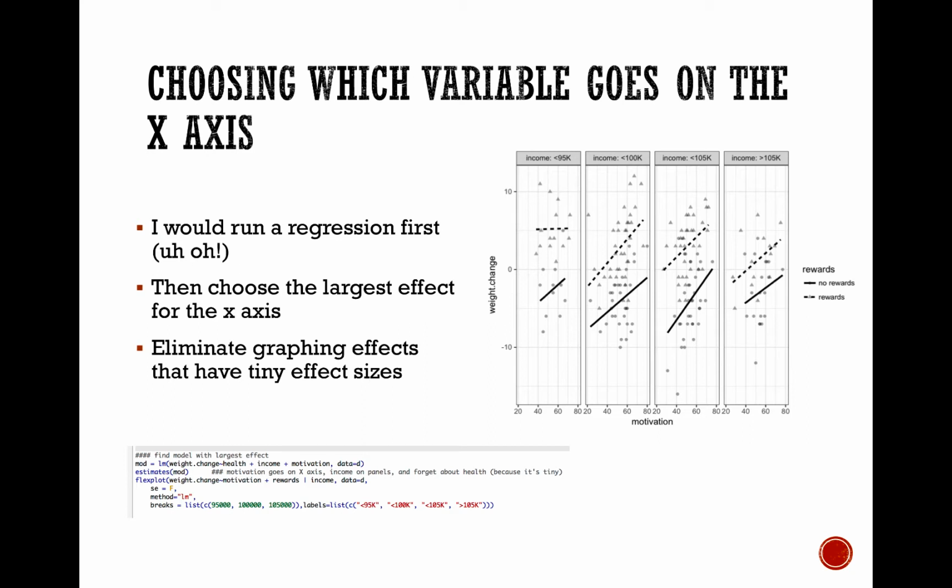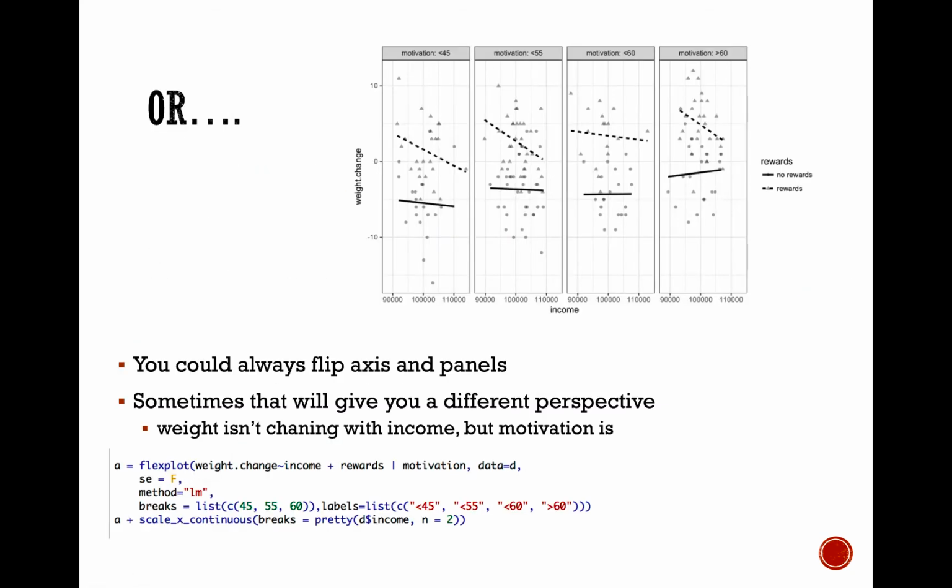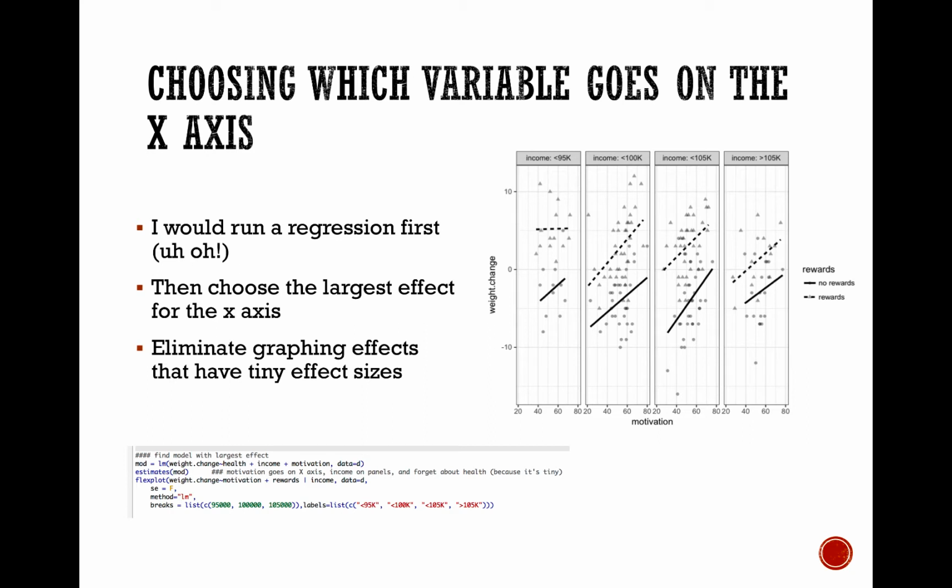So if you were to run this code, I should have showed the output, which I guess I didn't. Did I show it? Okay. So you can run this code and see for yourself. I'm not going to do it here, but if you run the estimates, it's going to show that motivation has the largest effect, followed by rewards, and then income. At least that's the way that I tend to do it, is you put the first variable here, then the second.